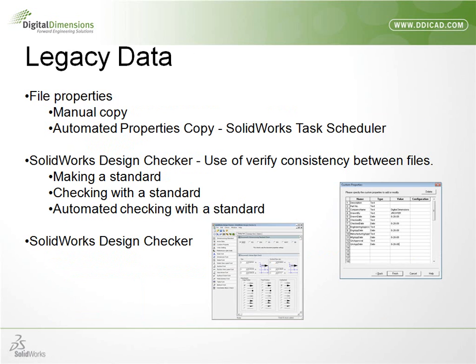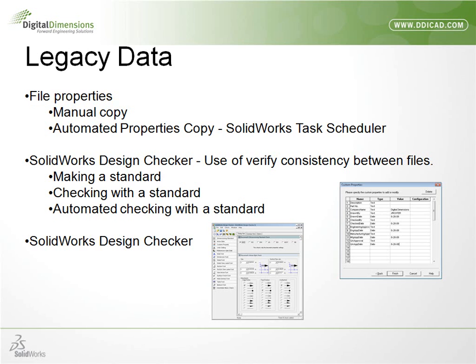Now that I've shown you a little bit about how drawing templates are integrated with your sheet format templates and how your part templates and your assembly template should all match, you probably have a bunch of data that is not yet set up that way. So here I want to show you a couple of tools to help you get them in line with one another. The primary focus of all this parametric data is the file properties.